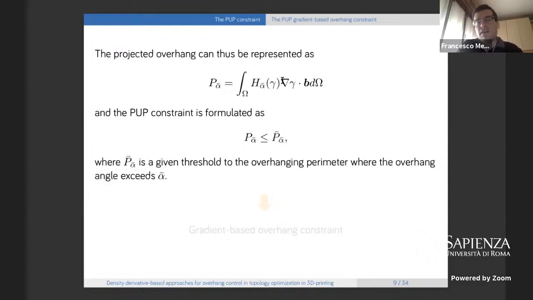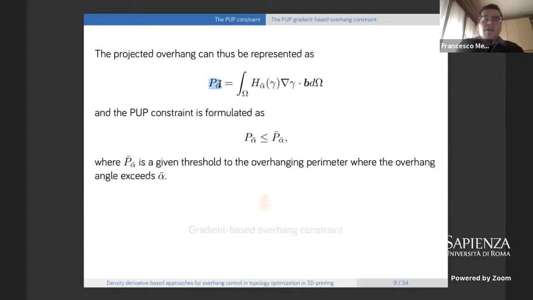In the integral, we also have this additional term, the gradient of gamma dot b, which makes this P of alpha bar represent a projected overhang undercut perimeter, which is violating our self-support condition.